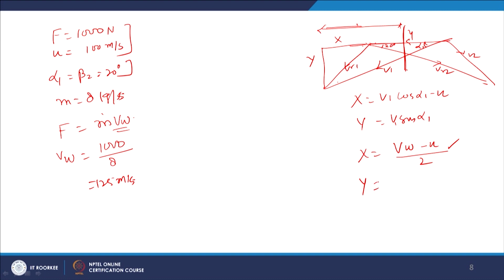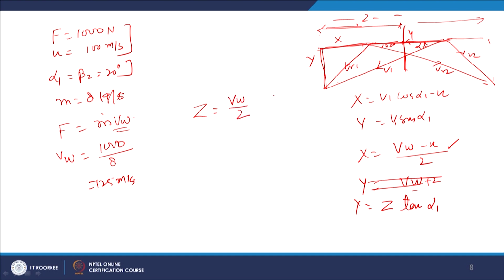Y is equal to z tan alpha 1. Now z is this length plus this length. This length is VW by 2 and this length is u by 2.